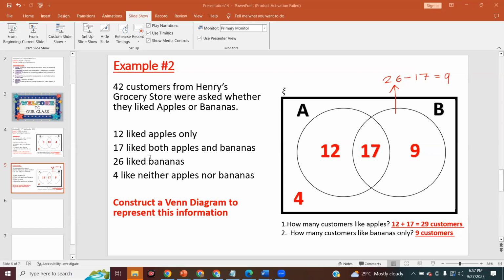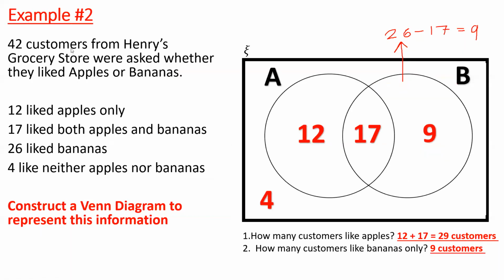But the key to remember is that these portions here are only. So when we have this one right here, that's apples only, and here is bananas only. Every time they ask for only, you know they're talking about these regions right here. If they say apples only, they mean 12. If they say bananas only, they mean 9. You understand that?